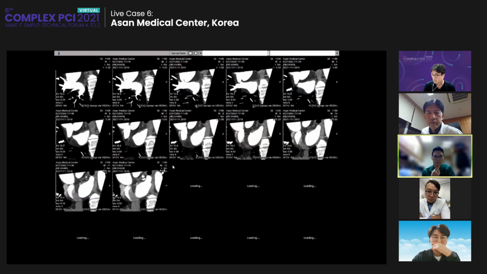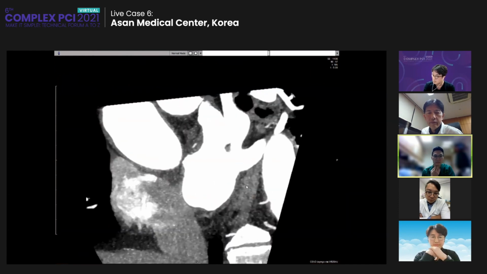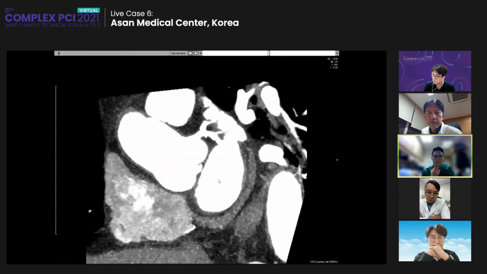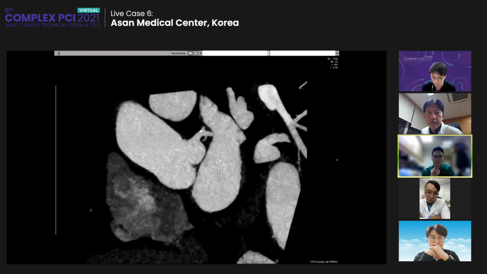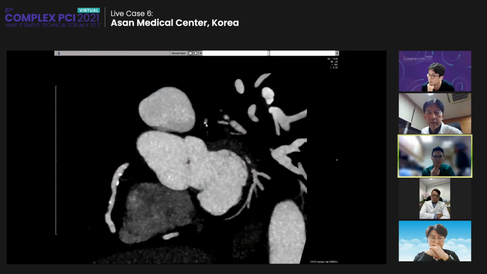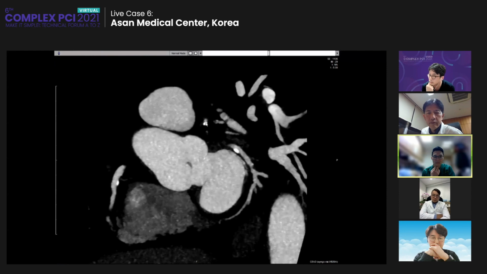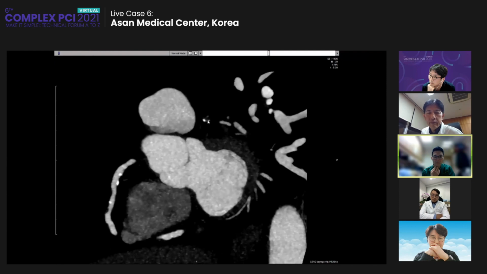Now we can go to the LV short axis view. Now adjusting the Hounsfield unit, you can see that this is the LAD, and the lumen which is filled with the blood is just at the mid portion of the totally occluded segment.